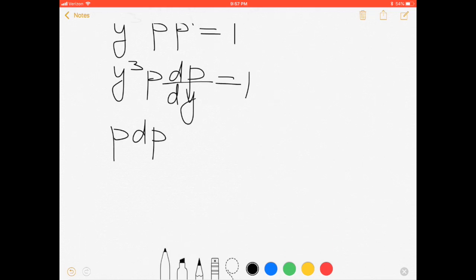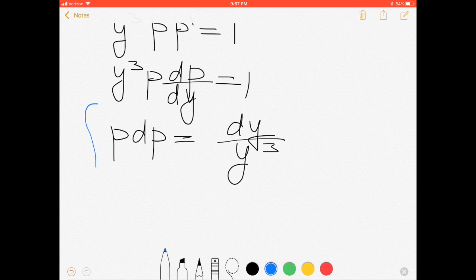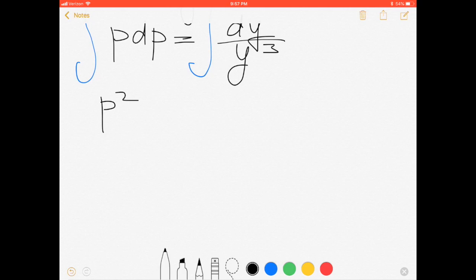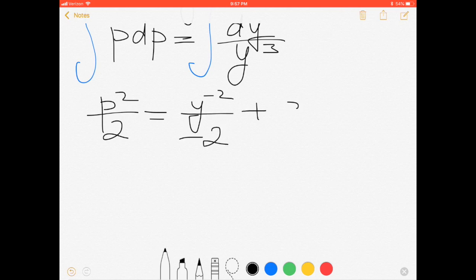This means p dp equal dy over y cubed. Take the integral of both sides, and we have p squared over 2 equal y to the negative 2 power divided by negative 2, plus c1.